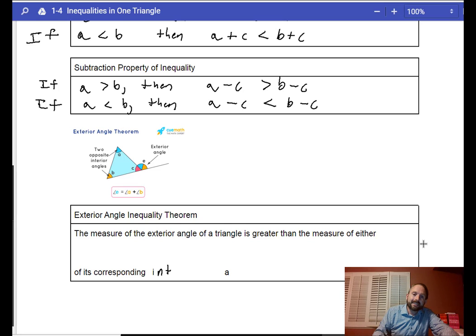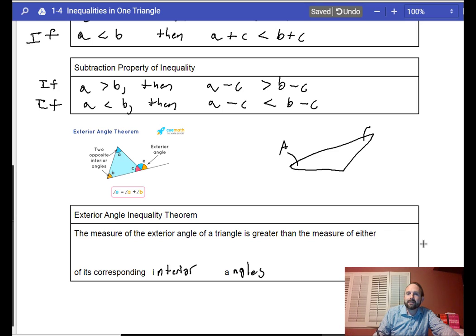Let's write that in. Let's call this A, this B, and this C, and D is the exterior angle. It's saying D is going to be bigger than A, and D is going to be bigger than B. That's the inequality theorem: this exterior angle is bigger than that one and that one.